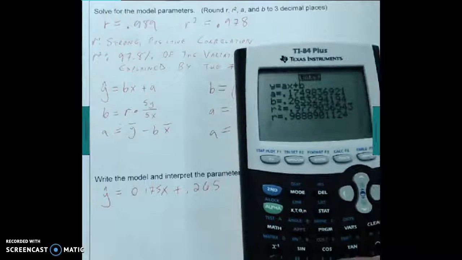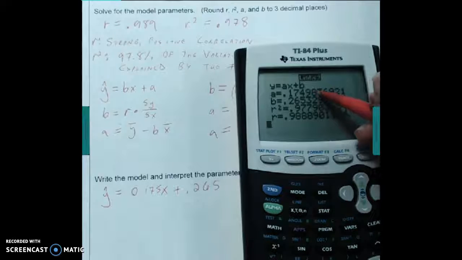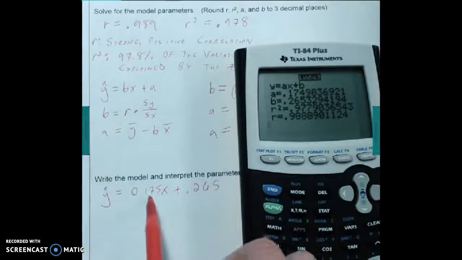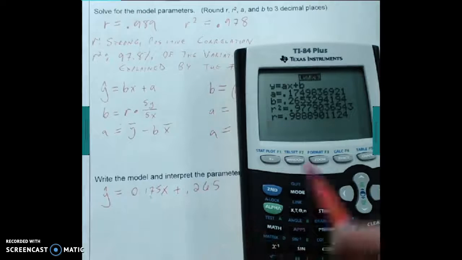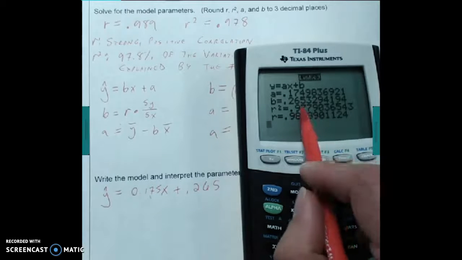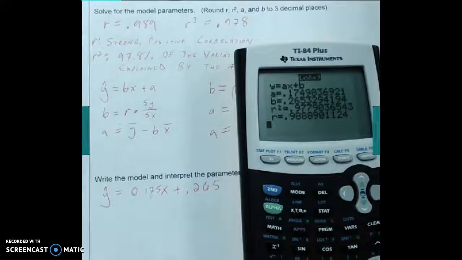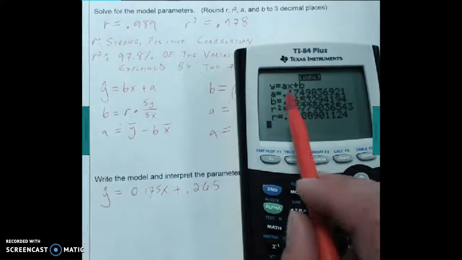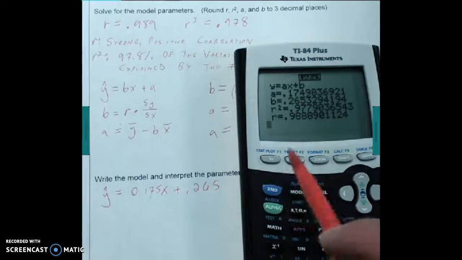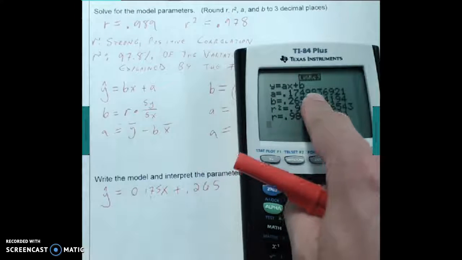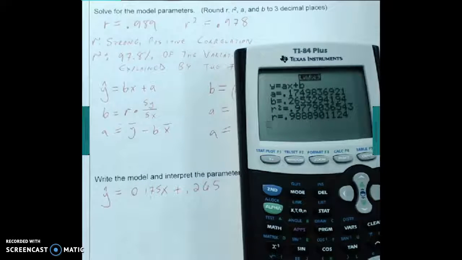But if you think about them not in terms of letters, but in terms of definitions, this 0.175 here is the slope of the equation, which is 0.175 there. And you can see that our y-intercept is the same as their y-intercept, 0.265. So just be careful. Our formula chart has it bx plus a, not ax plus b.